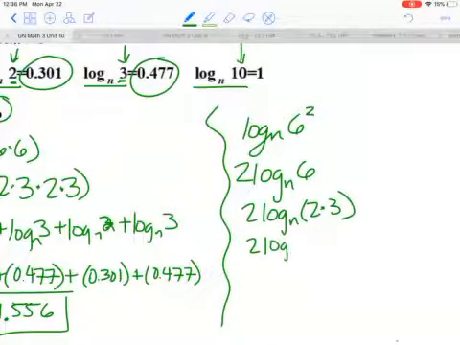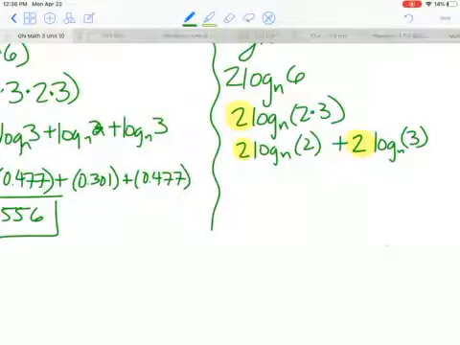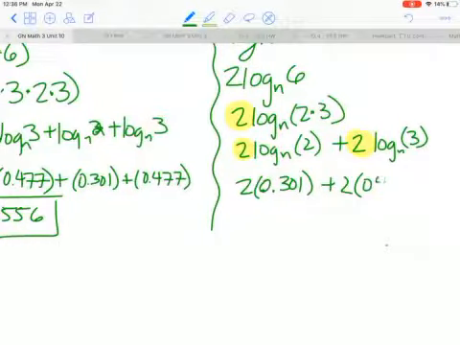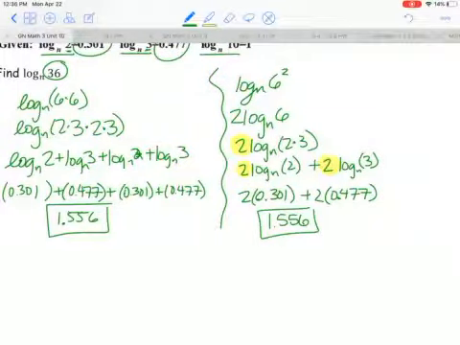And remember, anything multiplied can be added, but keep the same number in front of both of these when you split it up. It has to take the number in front. We know log 2 is 0.301, and we know log 3. And doing the same math as before, you should end up with the same number. So there's 2 different ways of doing it. I like the exponent way because it saves me some writing, but it's up to you, whichever one you like.